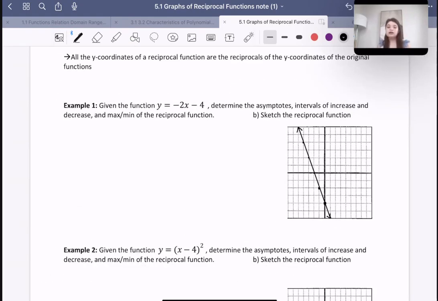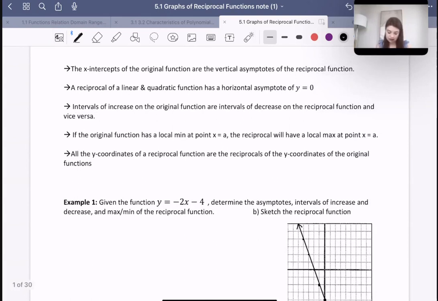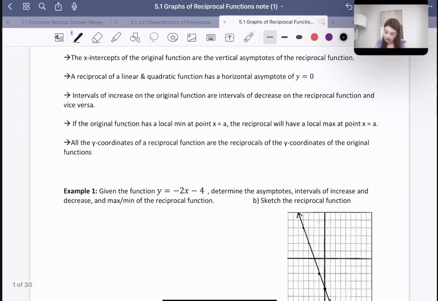So what did the guidelines say about the original function versus reciprocal function? So the first thing it said was the x-intercepts of the original function are the vertical asymptotes of the reciprocal function. Okay, so when it says determine the asymptotes, that key is going to help.